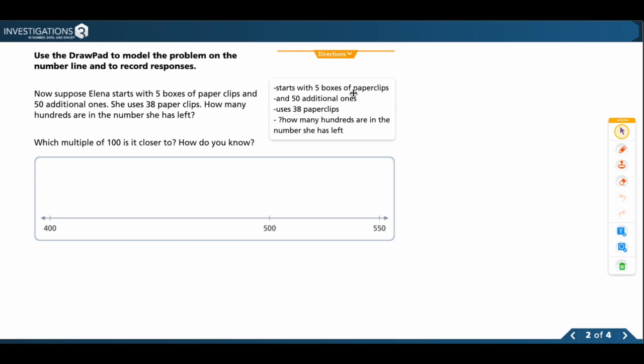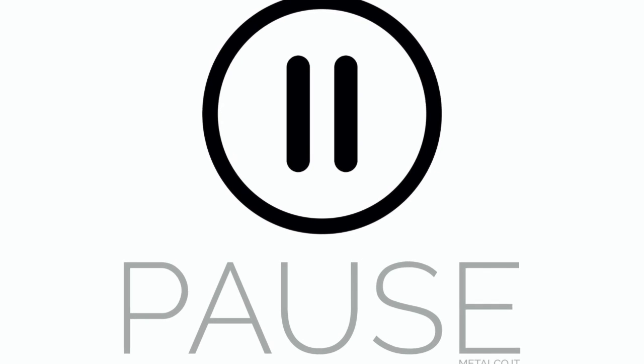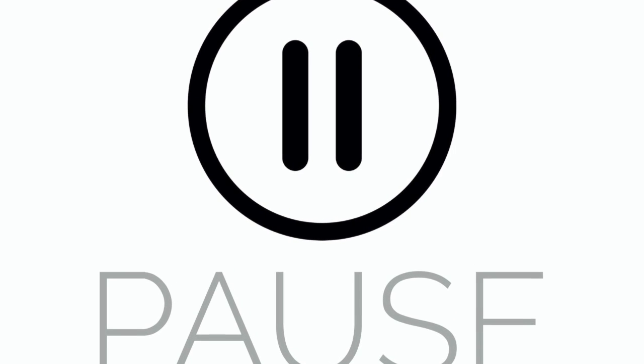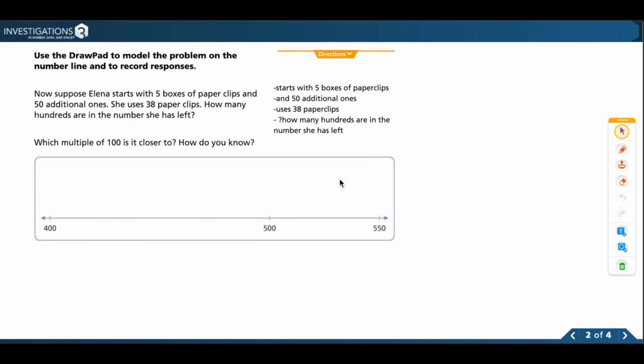So pause me and think about how many hundreds are going to be in the number she has left. When you ask yourself these types of questions, it helps you estimate a reasonable answer. So if you estimate before and you get a good idea of how many hundreds or about what the answer is going to be, it allows you to check your work later on and see if your answer makes sense.